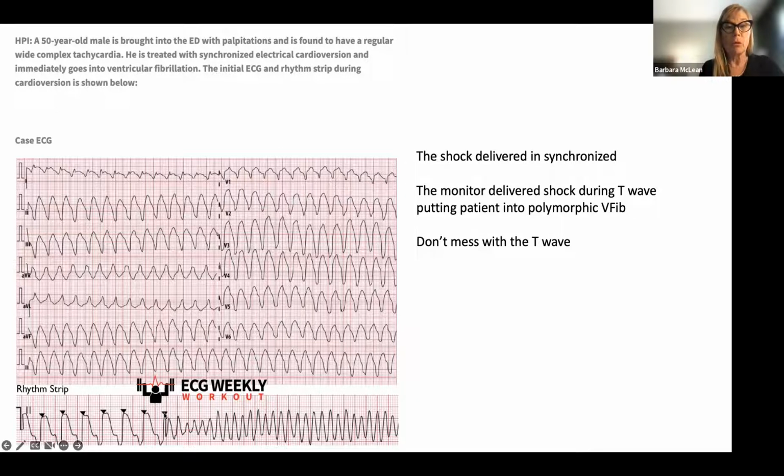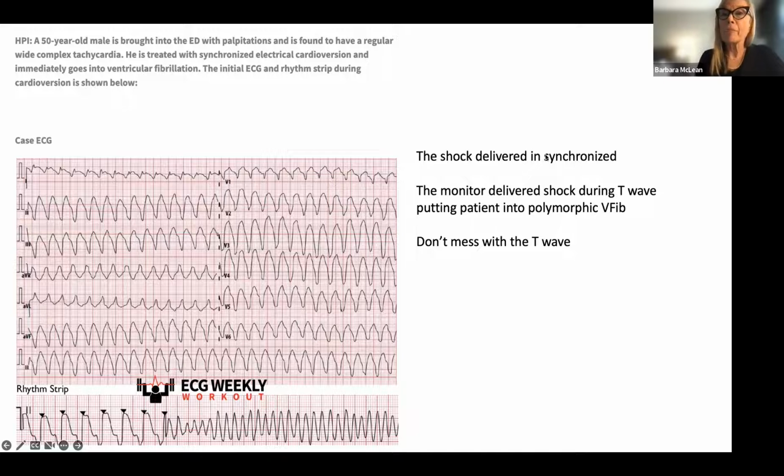So it does get depolarized right there on the T wave. And of course, what happens to the patient? The patient goes basically into a polymorphic VT. Can't say for certain that it's TdP, meaning torsades de pointes, because you've got some criteria that have to be matched for us to say that it's TdP.